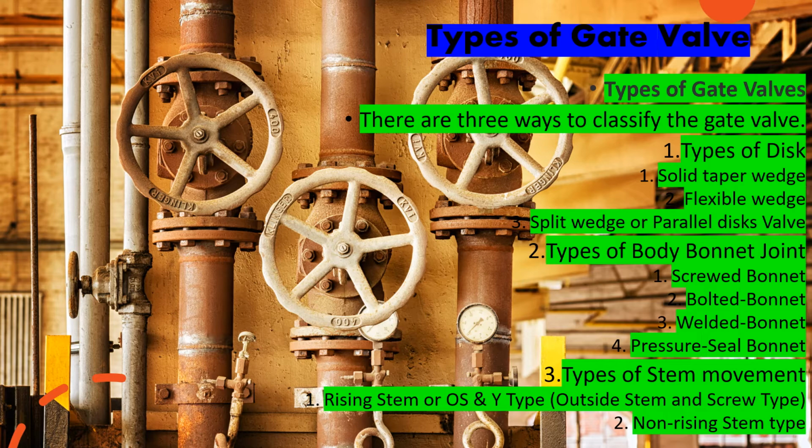The second type is body bonnet joint type, with 4 subtypes: screwed bonnet, bolted bonnet, welded bonnet, and pressure seal bonnet. And thirdly, stem movement types, with 2 subtypes: rising stem, or outside screw and yoke type, and non-rising stem type gate valves.